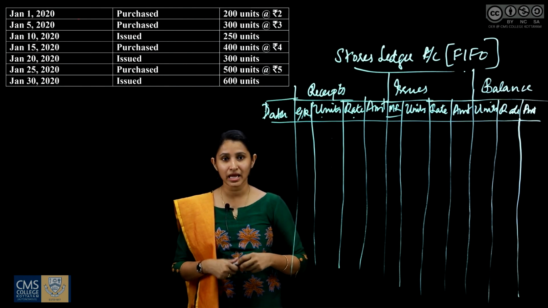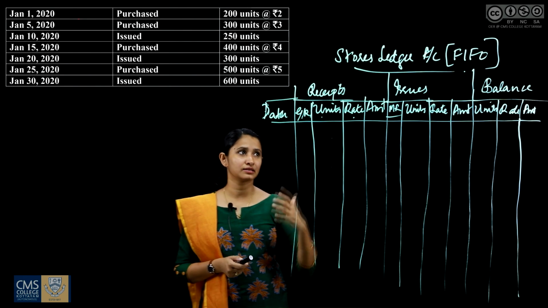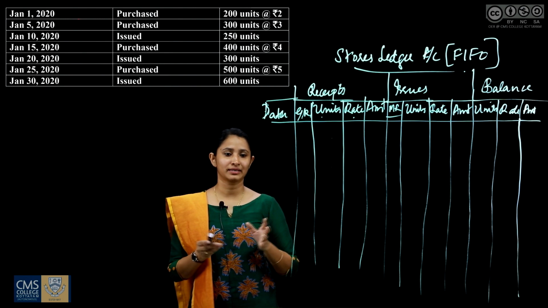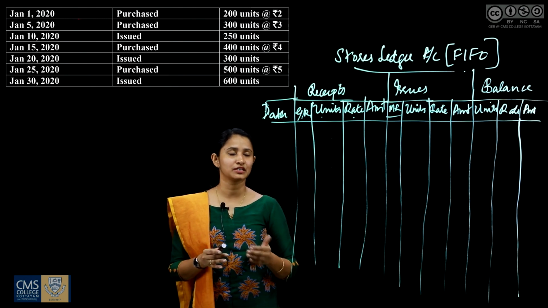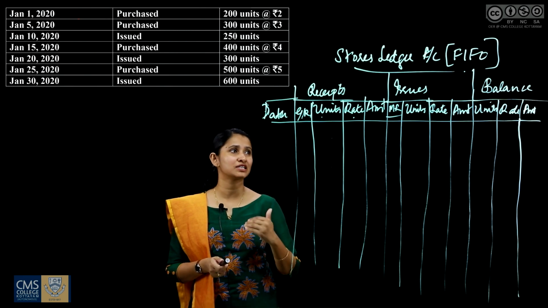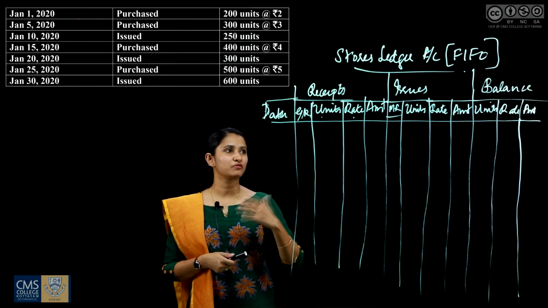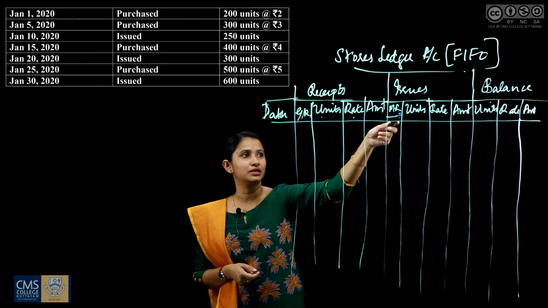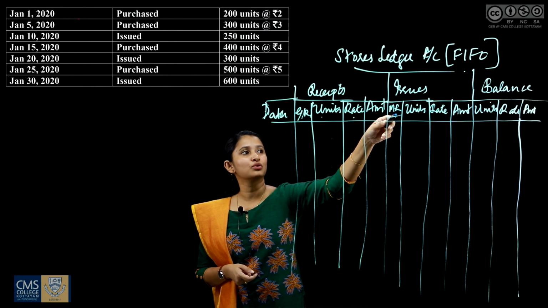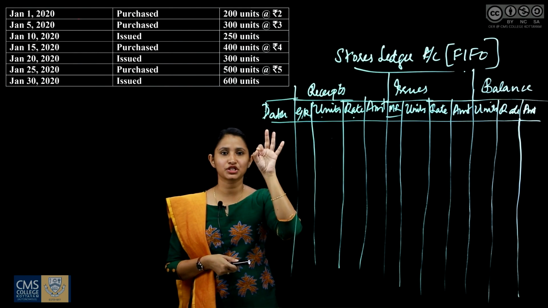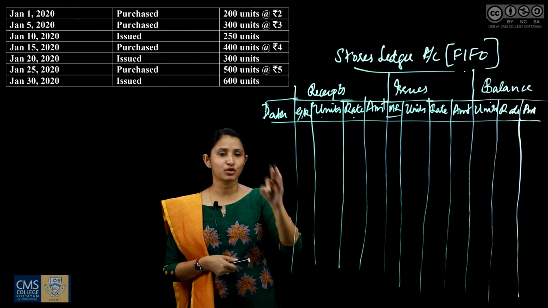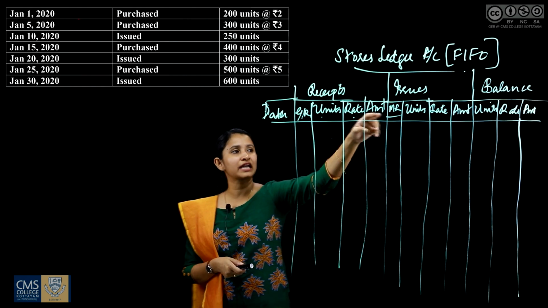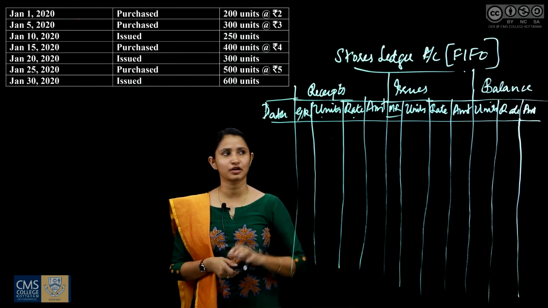Material requisition number: every time the production department asks the stores department for issue of materials, in order to get the materials identified, both by the costing department as well as the production department, the production department will issue something known as a material requisition note, in which it will very clearly say that it requires 400 units of material A on this particular date. That will be what is mentioned in the material requisition number.